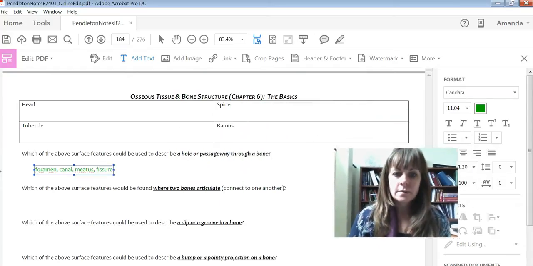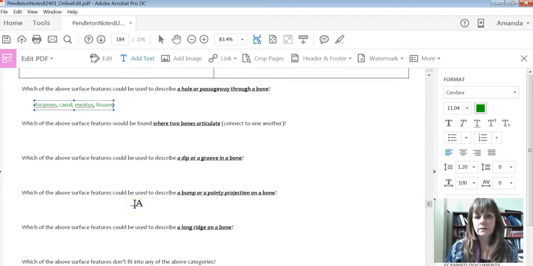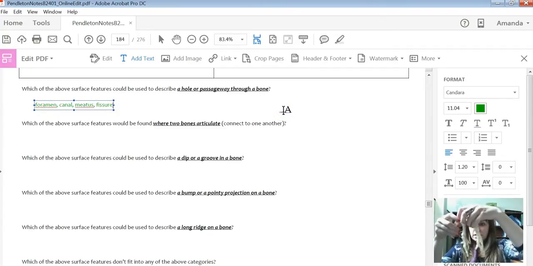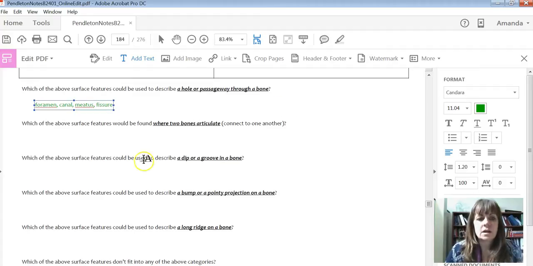Some other terms we could have here are features where two bones articulate. That means they connect to one another. For example, here's our hand. You can notice on our finger, this is one bone, this is another bone. They articulate, they connect to one another. It's also called a joint, where two bones connect.